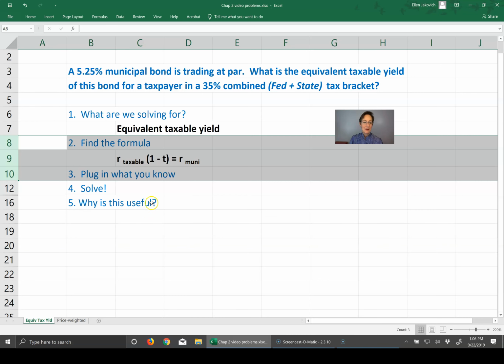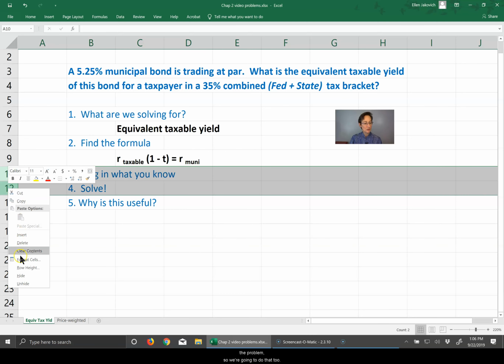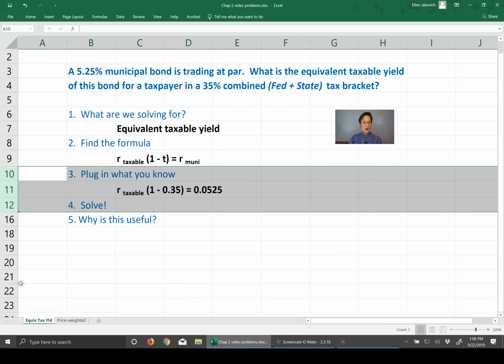Once you've found the formula, you're just going to plug in what you know from the problem. We don't know the rate of the taxable bond. That's what we're trying to find out. What would the equivalent yield be? But we do know our tax rate. It's 35%. And we know the rate of the municipal bond.